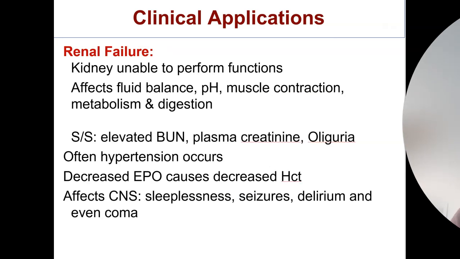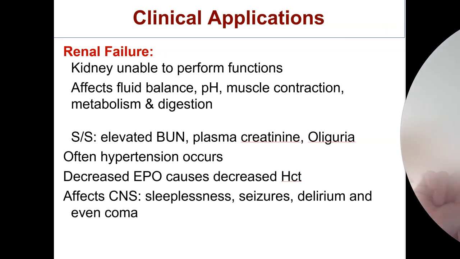So when we're looking at renal failure, the kidneys can't do what they're supposed to do. So we're looking at a problem with our fluid balance, our pH, muscle contraction because the electrolytes are off, and we have too much waste, so very, very serious. When you're going into renal failure, your BUN and your creatinine go up, and the worse it is, the less you pee.